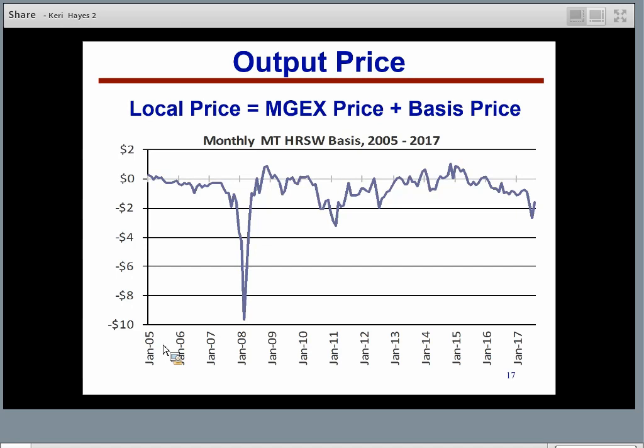And so you can see here, the basis in Montana tends to be negative. Depending on where you are, it could be more or less negative. There were some periods when it was positive. Right now, like I said earlier, for the last couple of years, it's been pretty negative. But that is just kind of your adjustment from the MGEX price into the price that you actually receive.